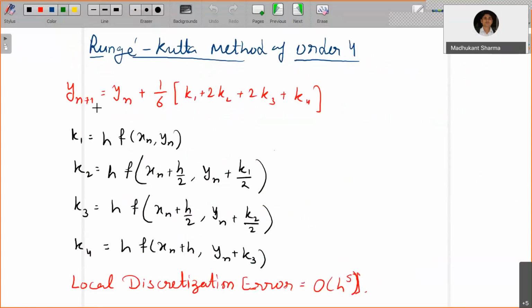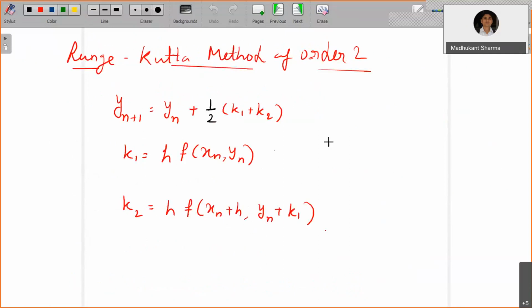So y(n+1) equals y(n) plus 1 by 6 times. Now one more thing you can look at: 1 plus 2 plus 2 plus 1, they sum to 6, and 6 by 6 is 1. In the RK2, you have 1 plus 1 is 2, so the sum of the weights for K1 and K2 is 2 by 2, that is 1.